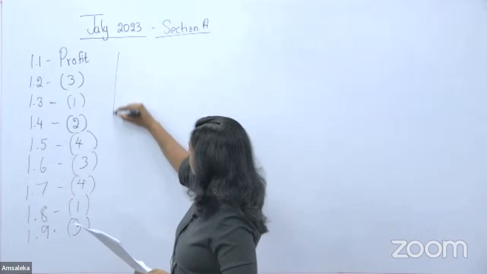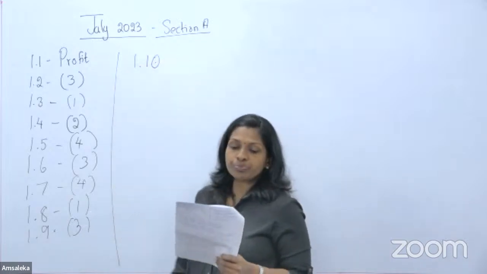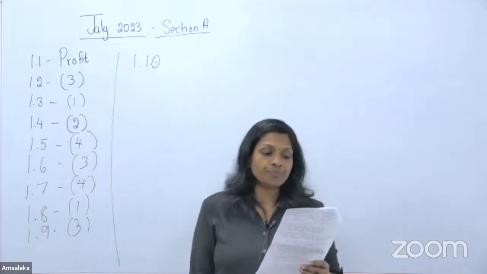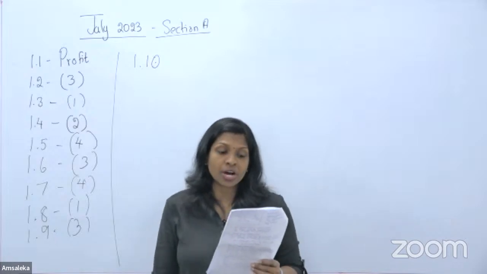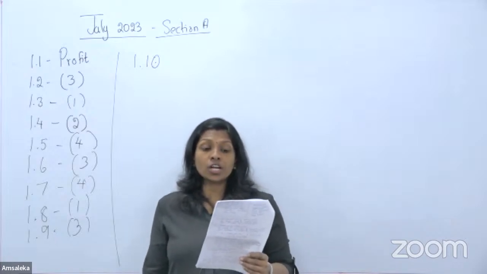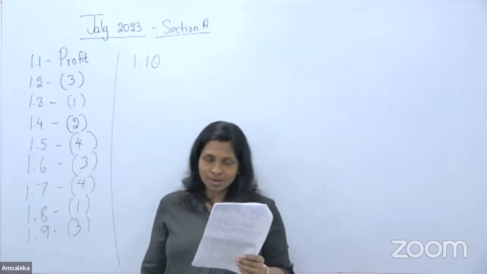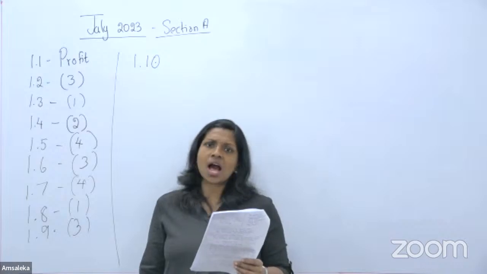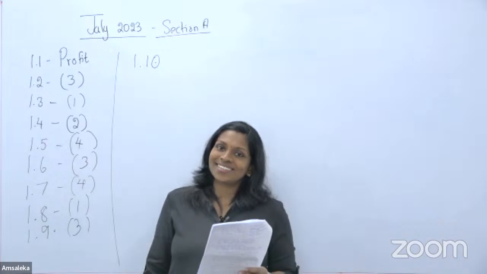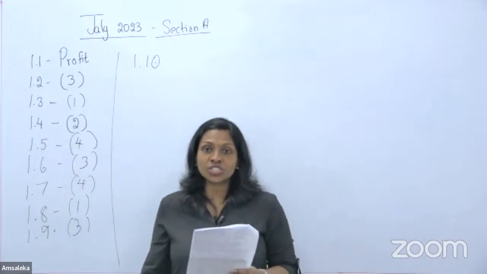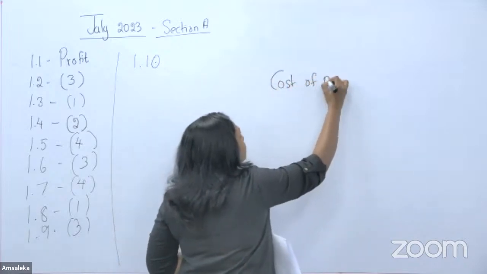1.10. A manager of a business has identified the following costs in relation to his business. I did one question in the class on how to find direct cost and indirect cost, under the theory of production, the cost of production.